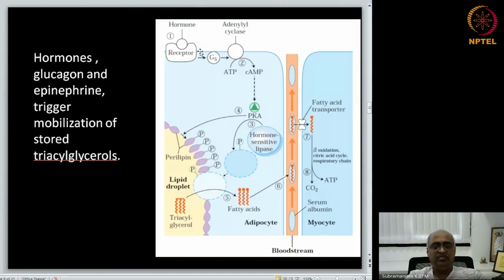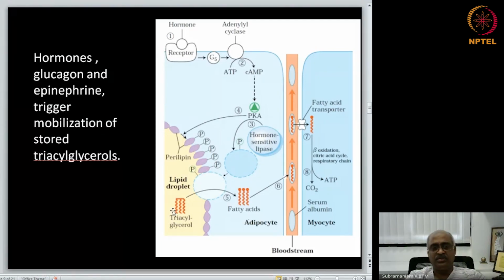But now when the hormone signal comes and this protein kinase is active, I told you protein kinase phosphorylates this lipase, and the phosphorylated lipase is the active version. And another substrate for this protein kinase A is this perilipin itself. When this perilipin is phosphorylated, its conformation changes such that it no longer inhibits this lipase from acting.